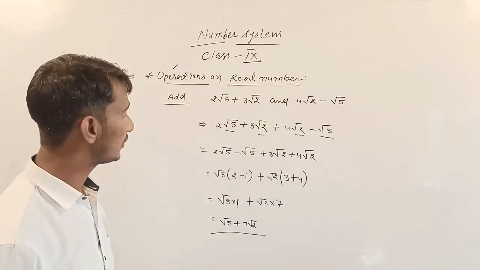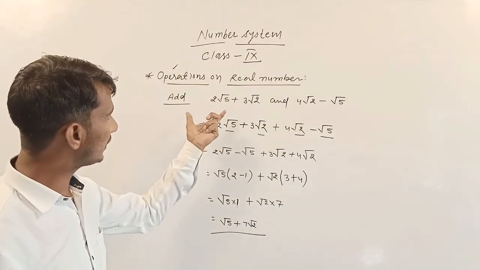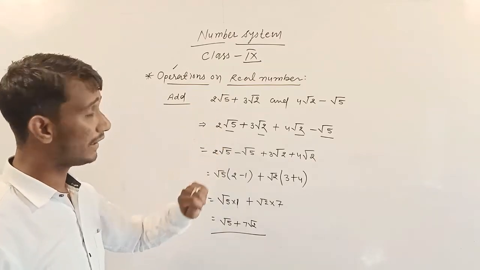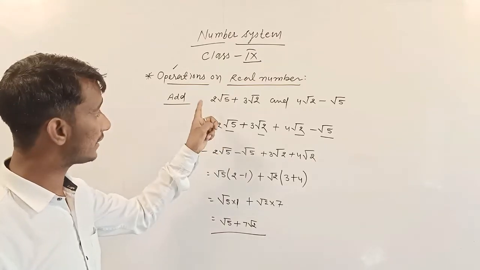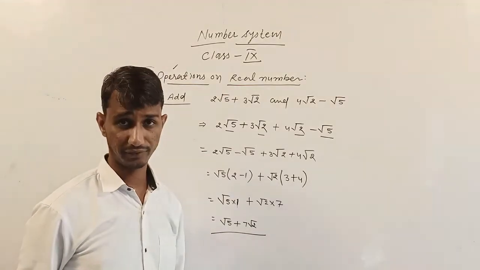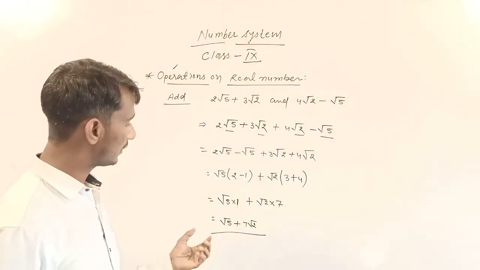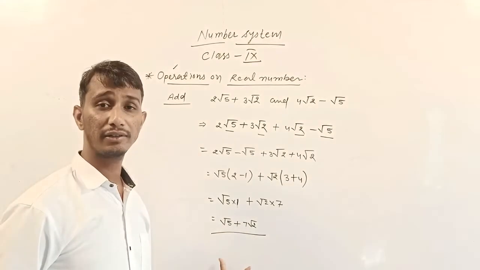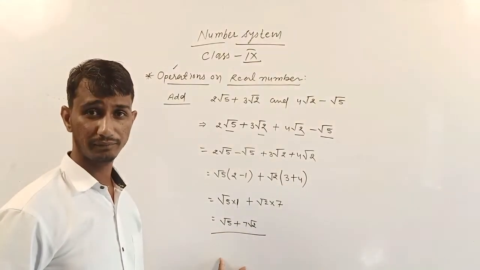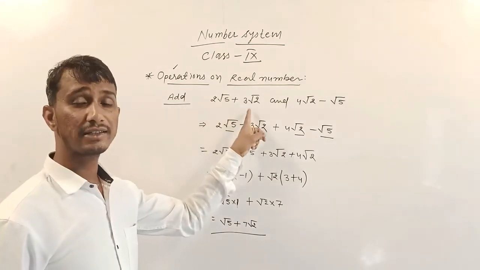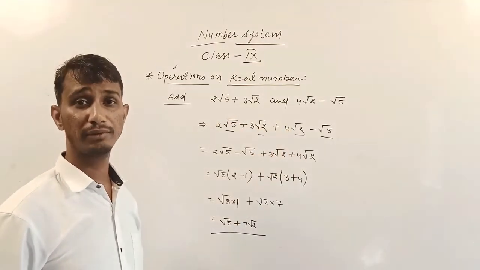Dear students, look here, there is one fact. If we add rational and irrational numbers, the result will be irrational.